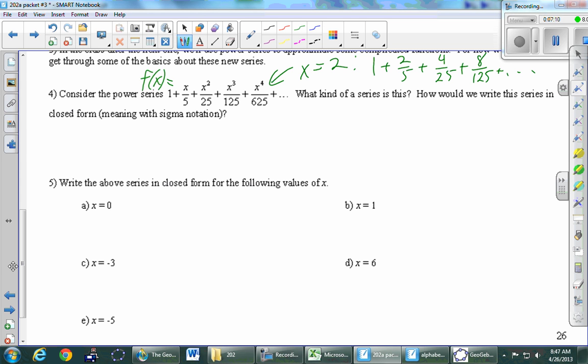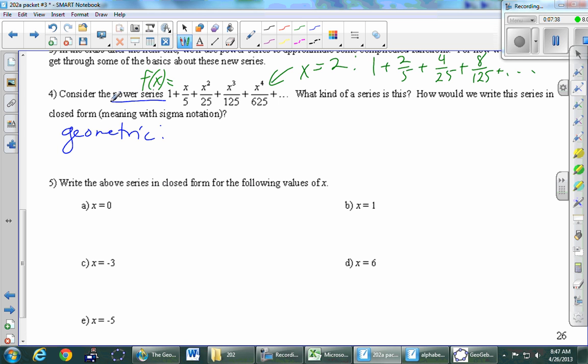First of all, the fact that there are x's involved means it is called a power series. If you see x's to all those powers, that's our definition of a power series. But we had special series. We had the harmonic series. Is that the harmonic series? No. We had p series. Is that a p series? No. Anybody recognize what kind? That's a geometric series because there's the same multiplier every time. So it is geometric.